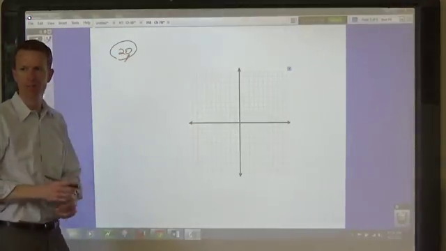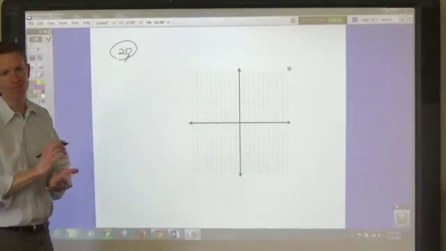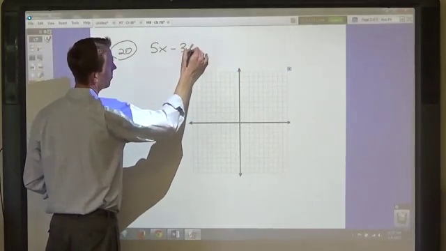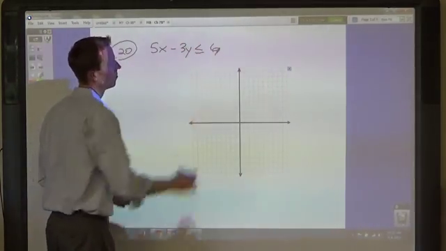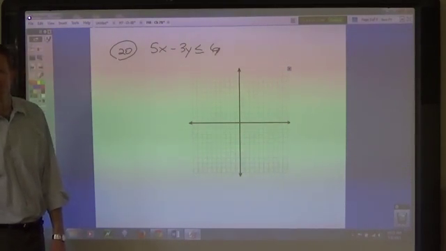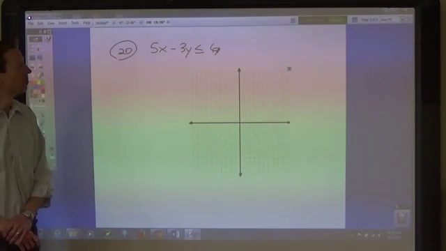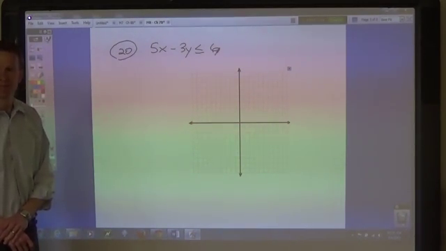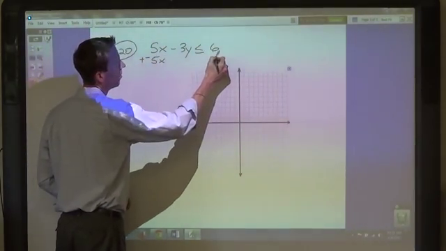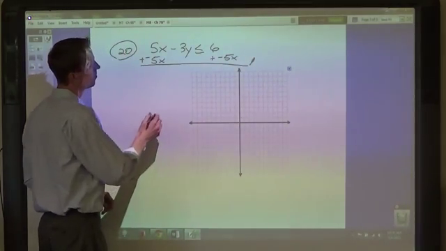What's the equation given, Brady? 5x minus 3y is less than or equal to 6. Now what, Crosby? What should we do? Get x on the other side, so you subtract 5x from both sides. Good. Then you divide everything by -3.